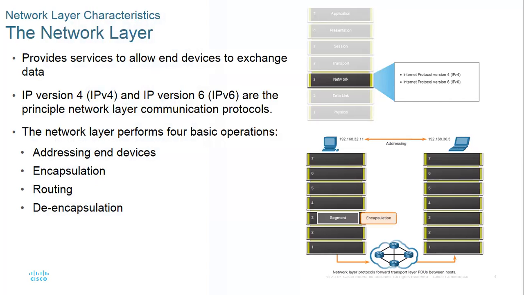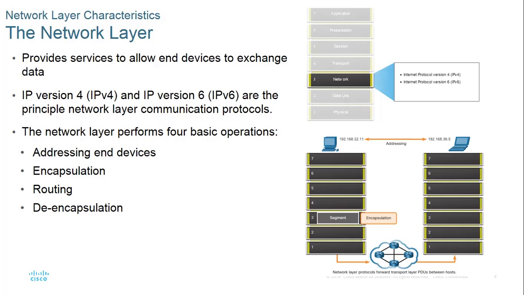Therefore, the network layer performs four basic operations: addressing of devices, encapsulation for the information or the segments provided by the upper layer, and routing, how to define the path which is going to be used from node to node to reach the destination. And the first one is the encapsulation.